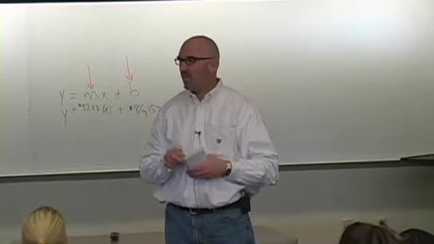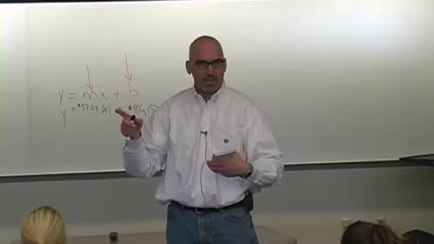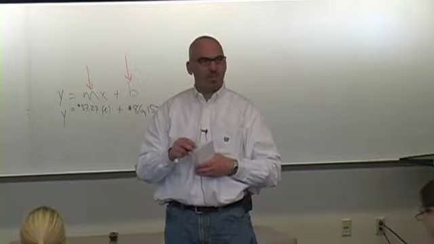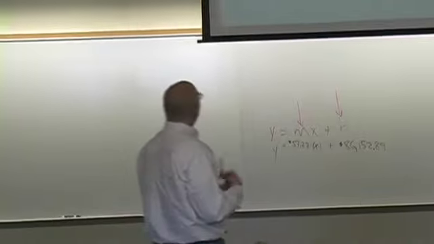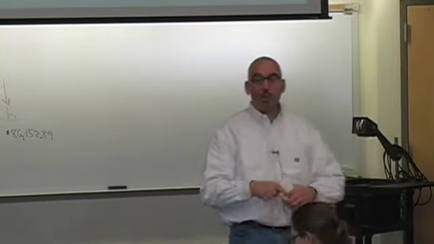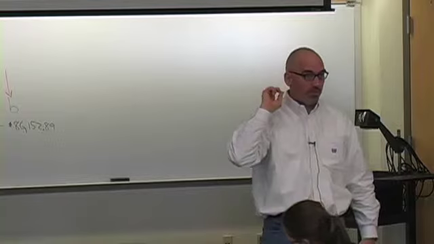So which one do you think is doing a better job of drawing a line through all those points, Tyler? The regression analysis or the high-low method? Regression, because it's using all 12 points to draw the line, whereas high-low method's only using 2. Okay? Now, what else can I tell you about this? Remember what both regression and the high-low method are doing is drawing a line through all those points.